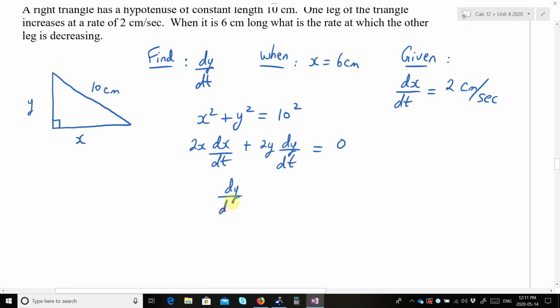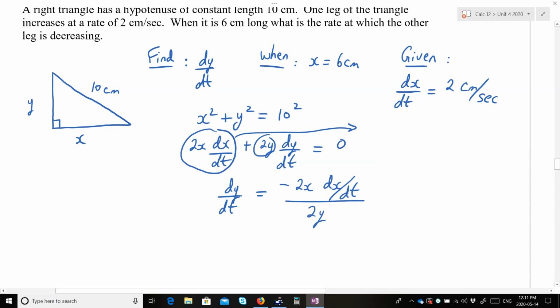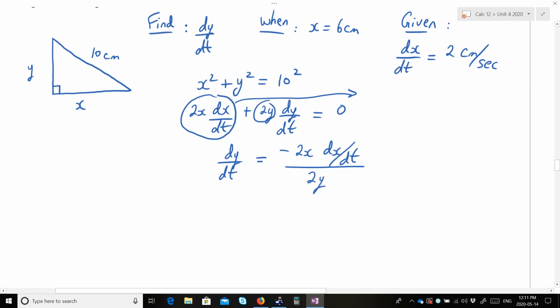So dy dt is going to equal negative 2x dx by dt. So I would subtract this whole term over, and then I have to divide by 2y. So dy dt is going to equal negative x times dx dt divided by y.